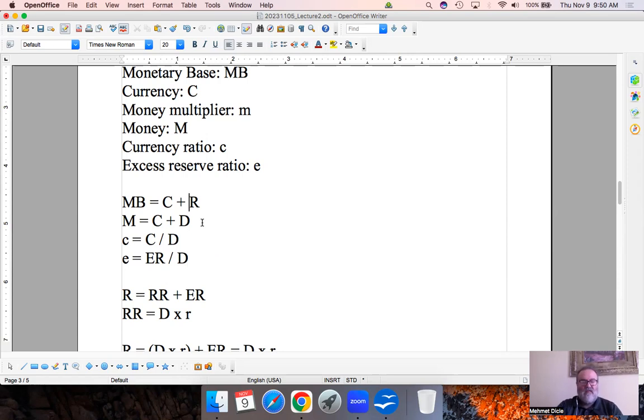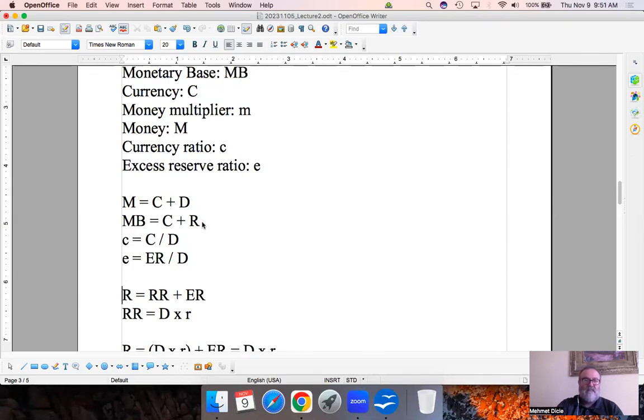So monetary base is currency plus the total reserves. Money in the economy, perhaps I could have this at the top, is total currency plus the deposits. The currency ratio in the economy is your currency divided by the deposits. And the excess reserve ratio is the excess reserves of banks that are keeping at the Fed divided by the total deposits.